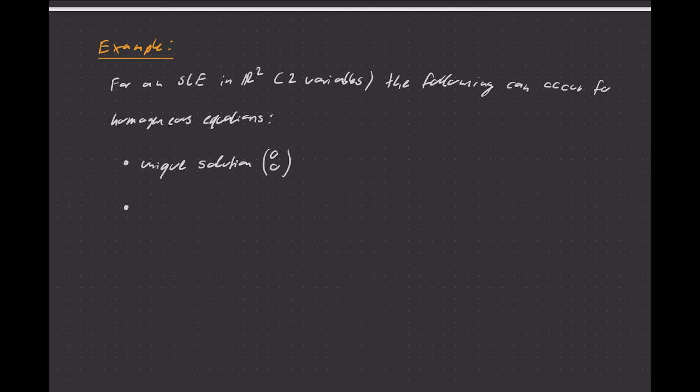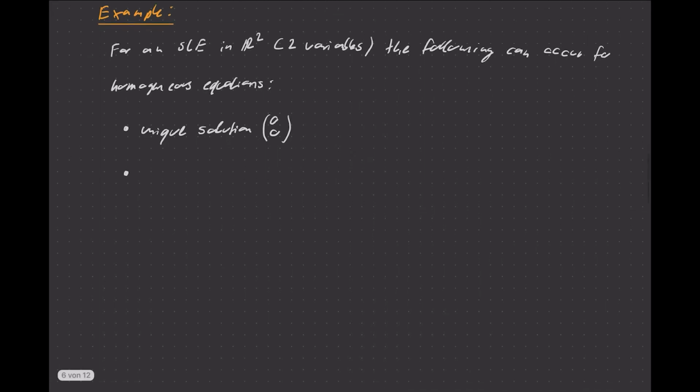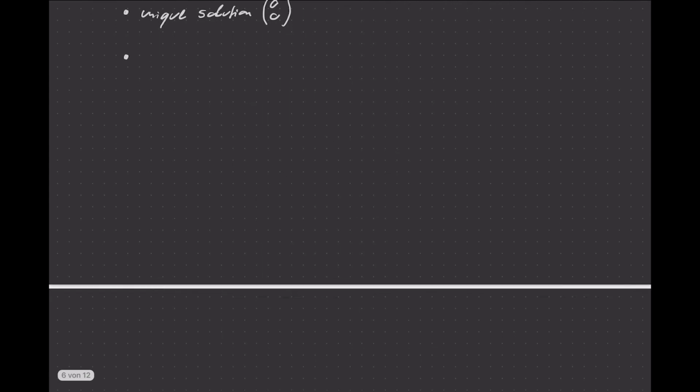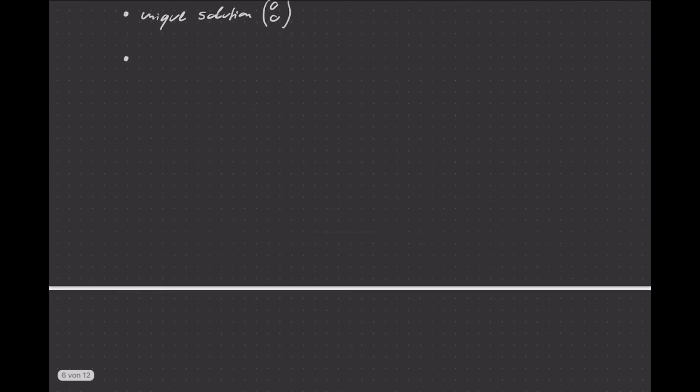Or we could have a linear subspace. And what are the linear subspaces of R2? We characterize those a little later. But basically, apart from this one point, which is also a linear subspace, there's only two possibilities that could occur. The other extreme is the solution space could be R2. So every point is a solution.